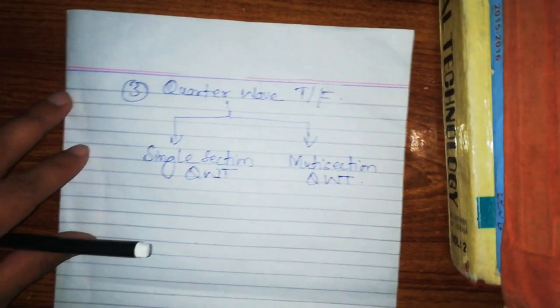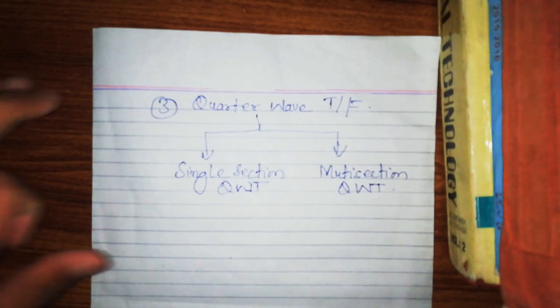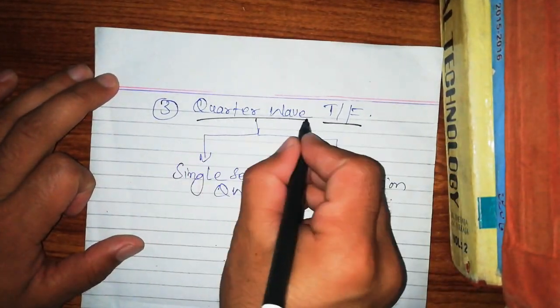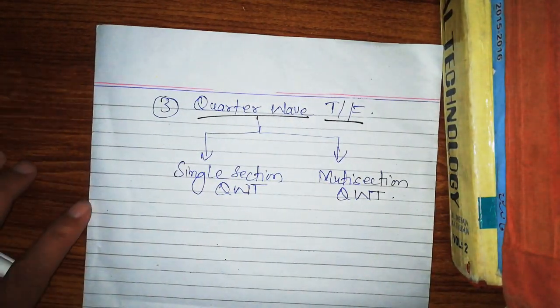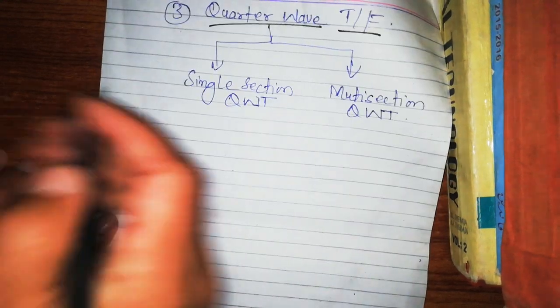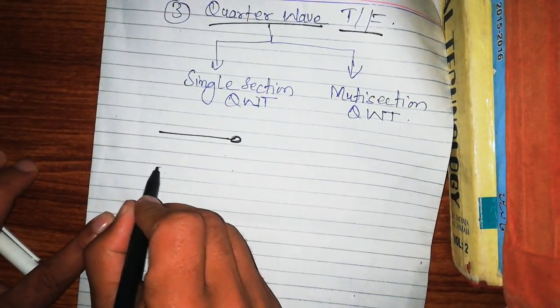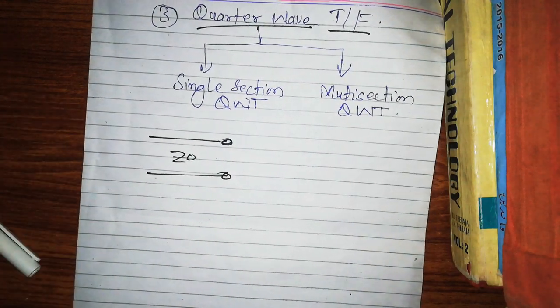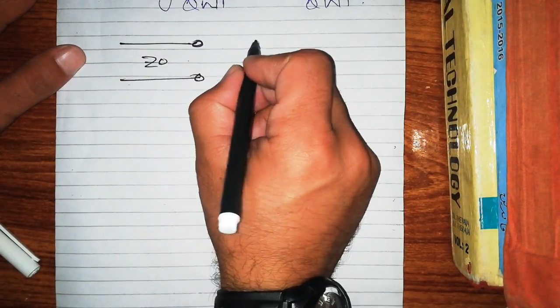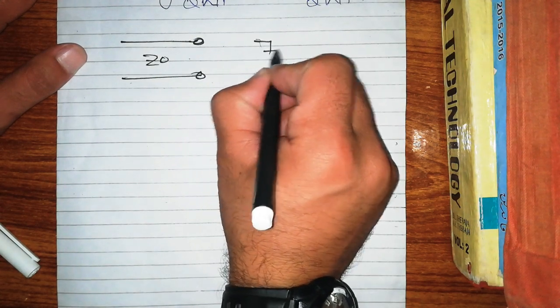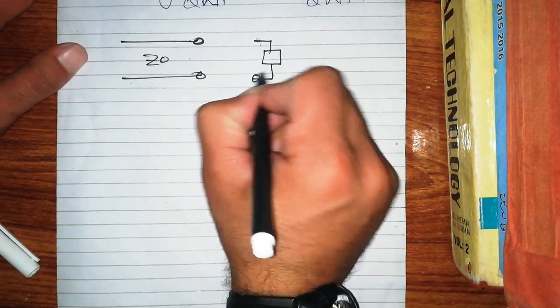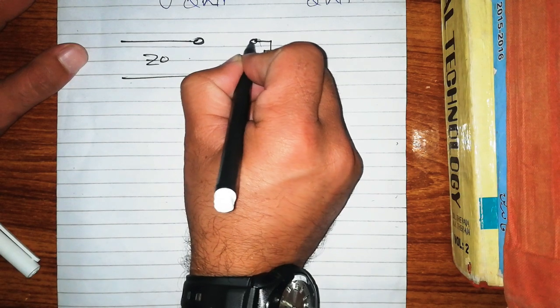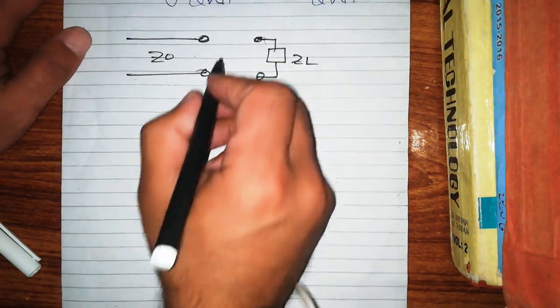The third type of impedance matching circuit is the quarter wave transformer. A quarter wave transformer is again a piece of transmission line. This is your transmission line with characteristic impedance Z0, and this is your load ZL. What is a quarter wave transformer?